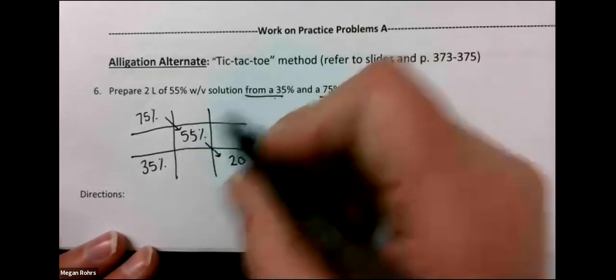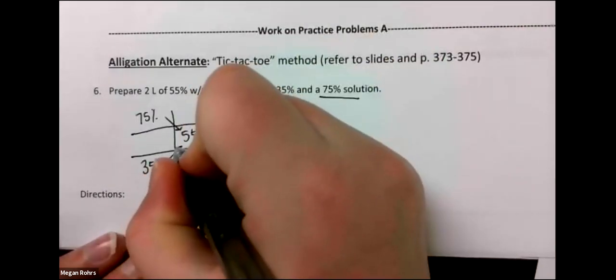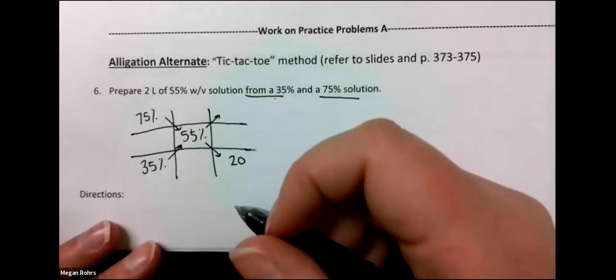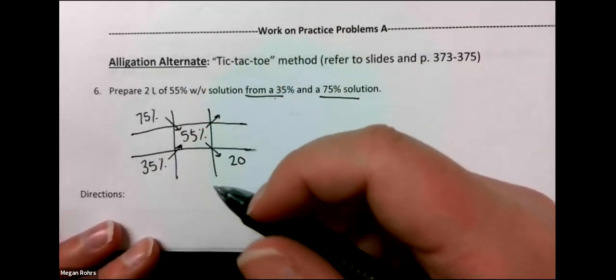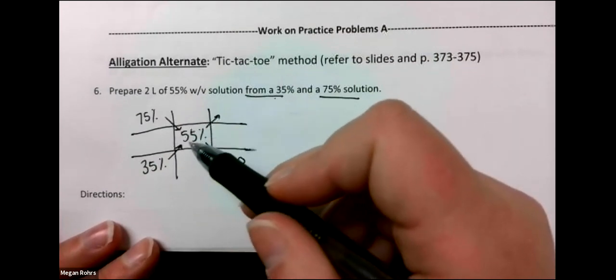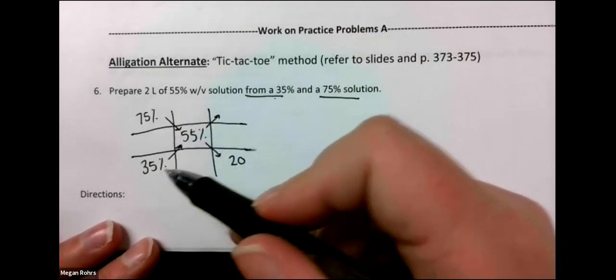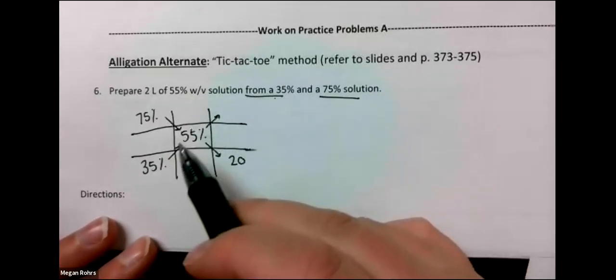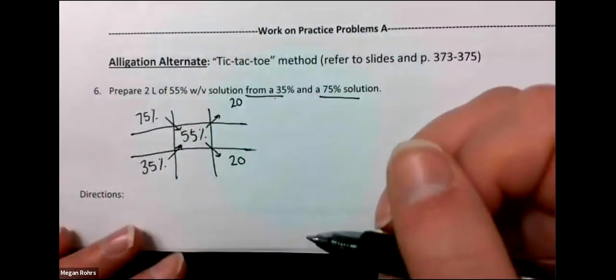Now we're going to go this way, and this way you are never going to get a negative number. We're taking our desired, 55, minus 35. So 55 minus 35 also gives us 20 here.